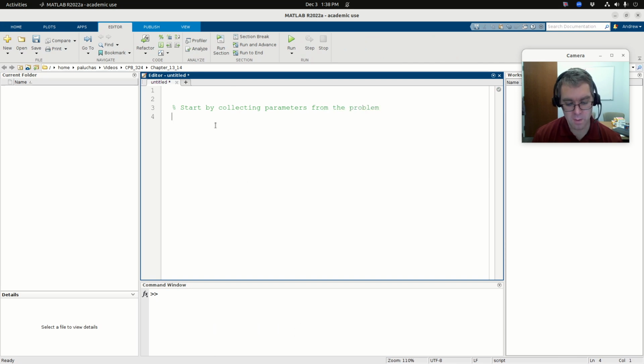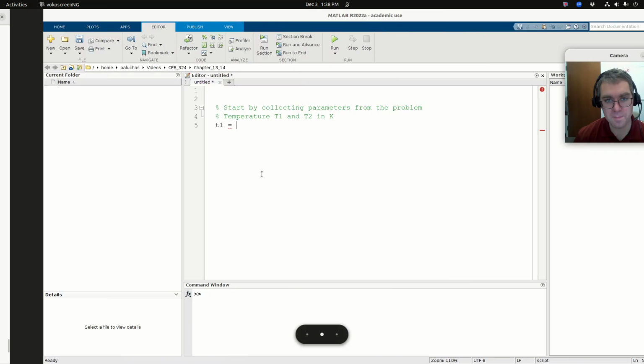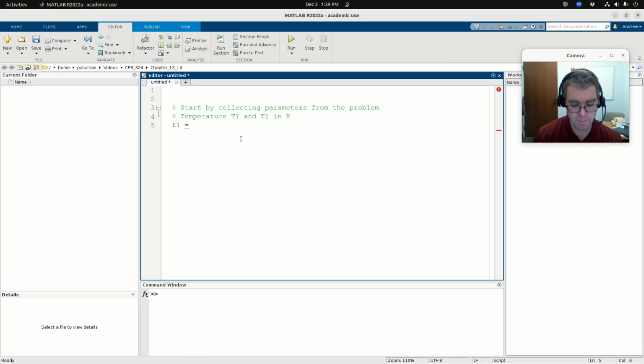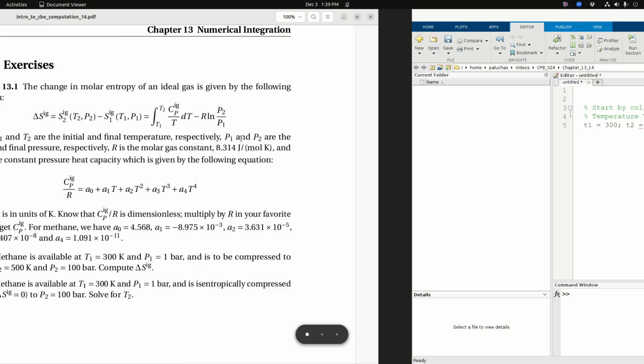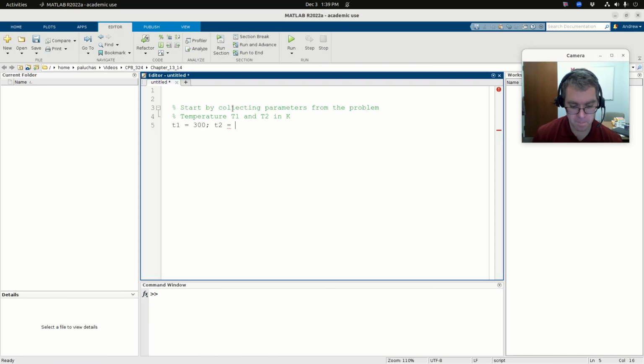Let me have temperatures T1 and T2 in Kelvin. So T1 is 300 Kelvin, I'm going to put them on the same line here, and T2 is 500 Kelvin.